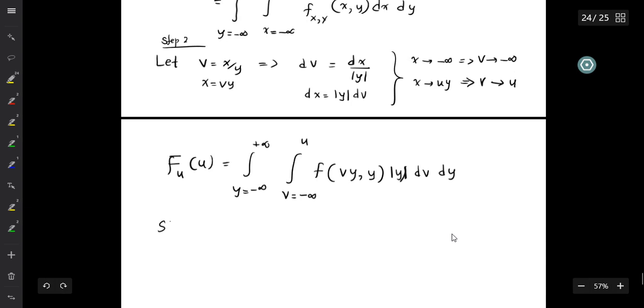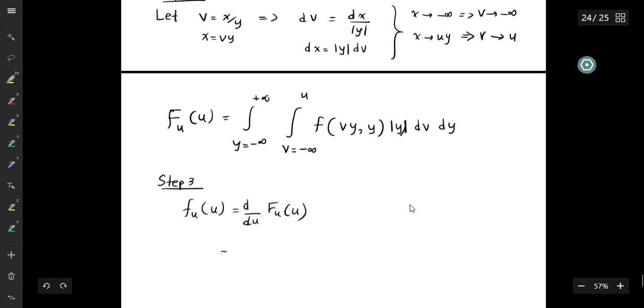As the last step, we are going to take the derivative with respect to u in order to find the PDF of u. So d over du of the integral, y from negative infinity up to plus infinity, v from negative infinity up to u, f(v times y, y) times absolute value of y, dv dy.